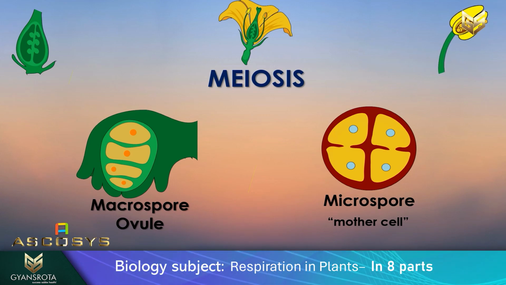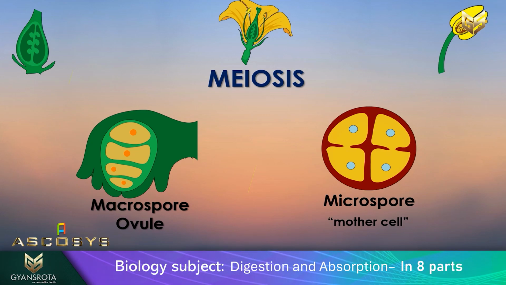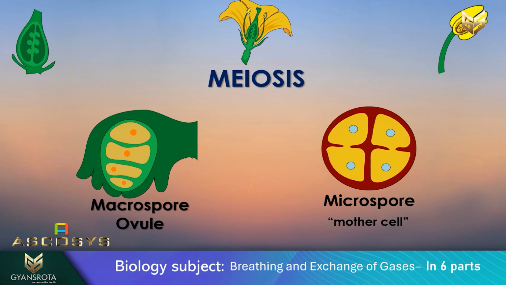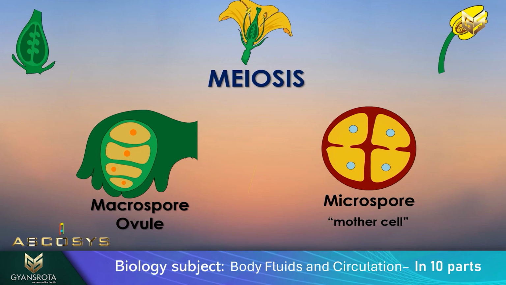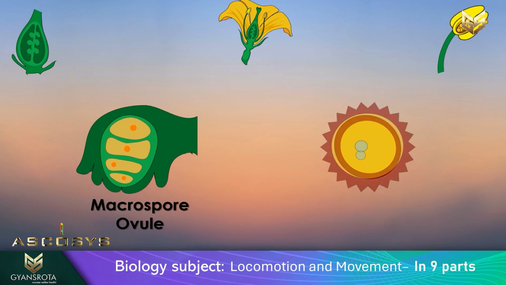Microsporangium divides by meiosis and produces microspores. These microspores are haploid, and the megaspore mother cells will produce an embryo sac. The megaspore mother cell produces 3 spores, which we call megaspores, and out of these, 3 degenerate and 1 develops.